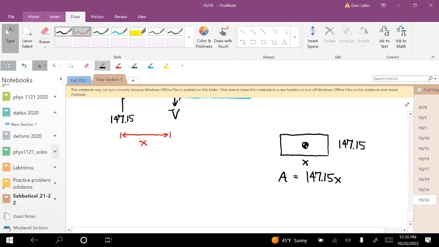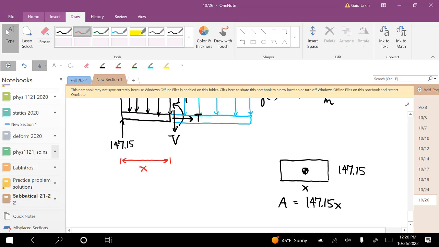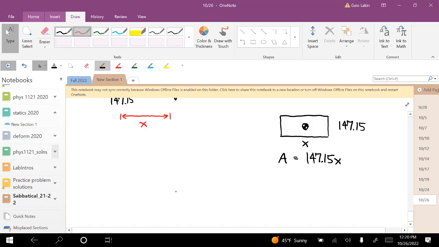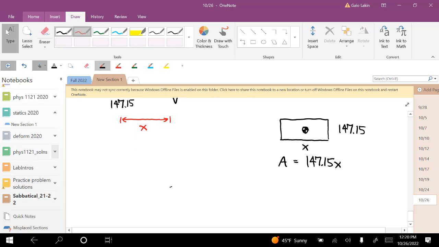First time we've ever seen this. The force that we're going to apply from that distributed load depends on what x is. Okay. And now I'll redo that free body diagram, but with the distributed load replaced by that point force. So we have an upward force of 147.15. We have a downward force at the centroid of that rectangle, so here, with a magnitude of 147.15x.